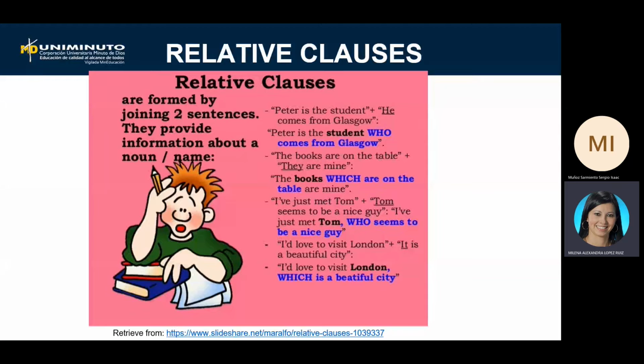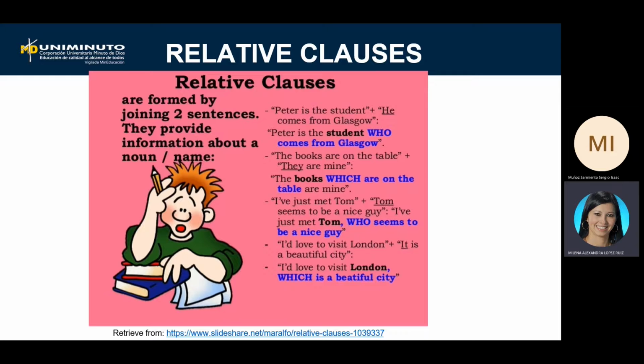Okay, yes, it's okay. So just remember, relative clauses are formed, and we use them when they are related to words or phrases. For example, we have two sentences and we want to provide information about them. I need a relative clause to join those two sentences, and it helps to express things easily and to stop using so many commas.